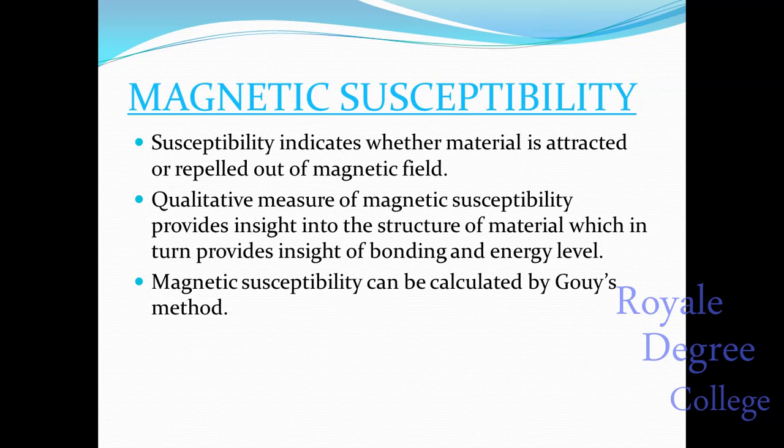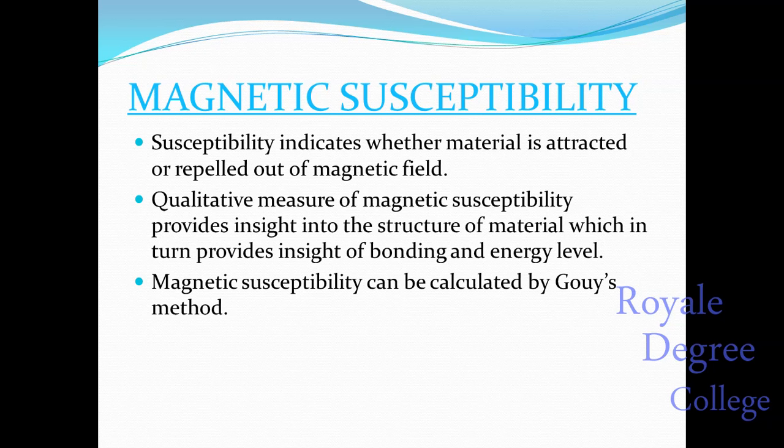Next one is magnetic susceptibility. What is this? This we will see. Susceptibility indicates whether a material is attracted or repelled by a magnetic field. If you are creating a magnetic field, a material placed in that field is either attracted towards the magnetic field or repelled from it, and this is indicated with the help of susceptibility.